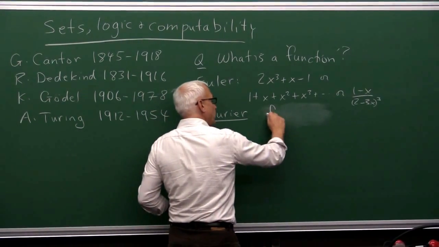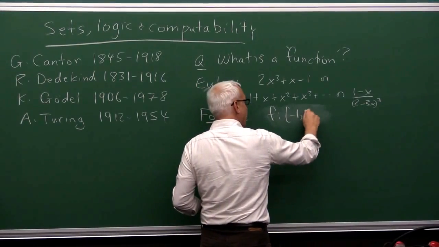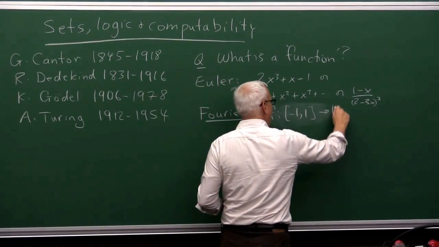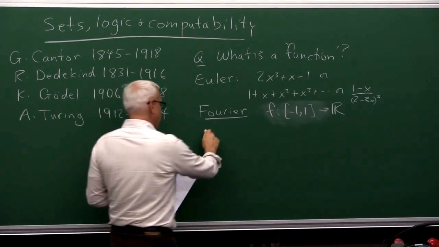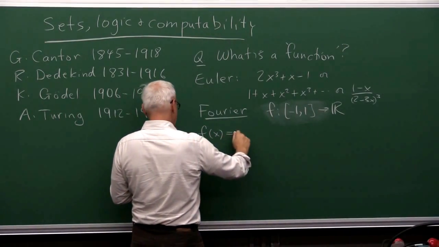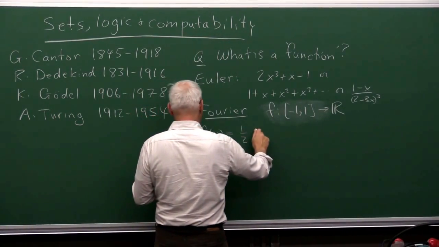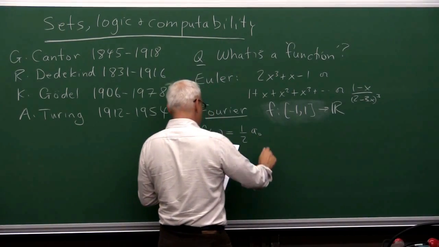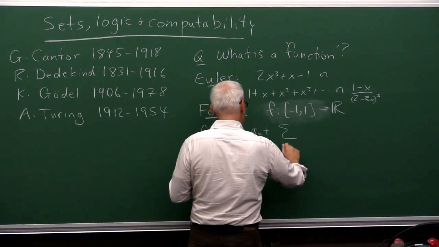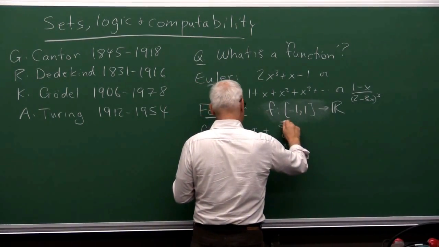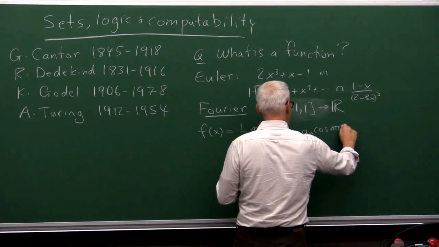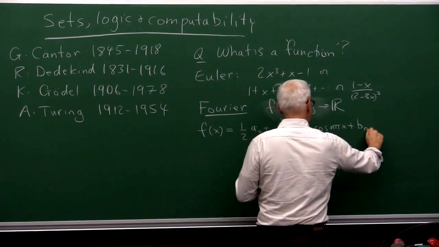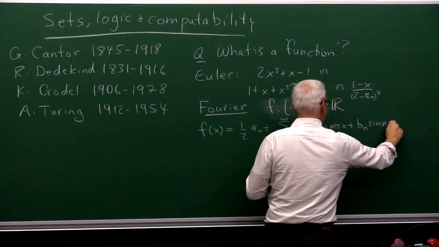So if we have a function from, say, the interval -1 to 1 to R, then Fourier introduced this idea that you could represent it in the fashion 1/2 a0 plus the sum from n equals 1 to infinity of an cosine n pi x plus bn sine n pi x.